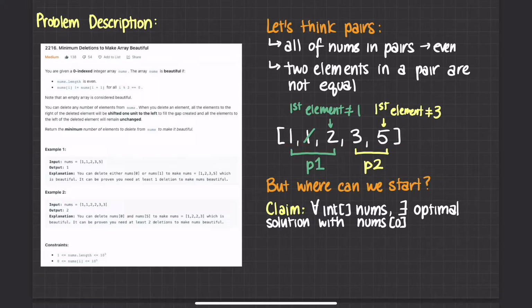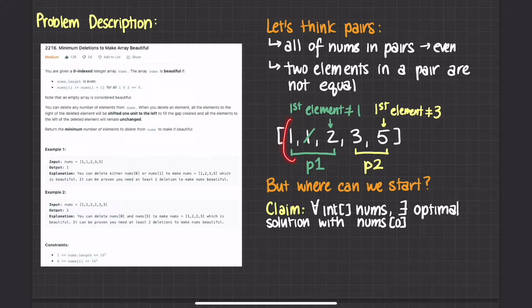So if we were to start off somewhere, let's say we start off at nums 0, and we look for the first element to finish off our pair. In this case, since index 1 is equal to index 0, that can't be the matching pair, right? That wouldn't work. So we have to delete 1 and move on to index 2.